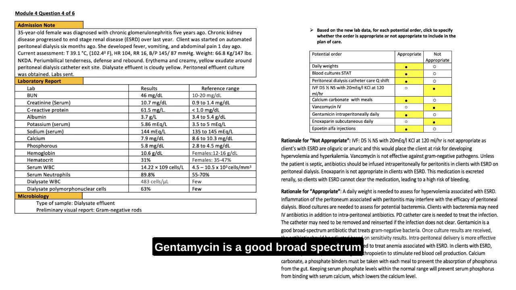Gentamicin is a good broad-spectrum antibiotic that treats gram-negative bacteria. Once culture results are received, the antibiotic should be adjusted based on sensitivity results. Intraperitoneal delivery is more effective than IV for peritonitis. Epoetin alpha is used to treat anemia associated with ESRD.